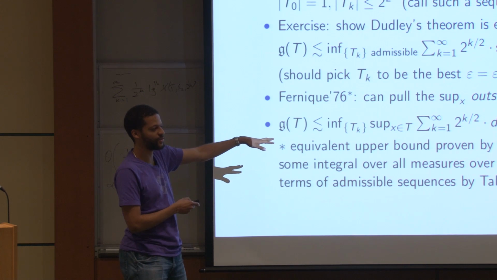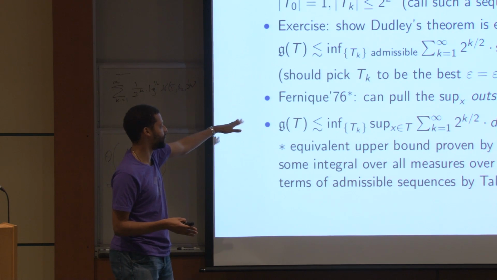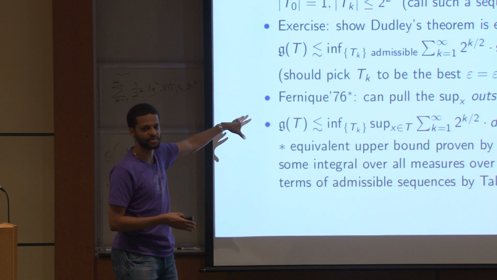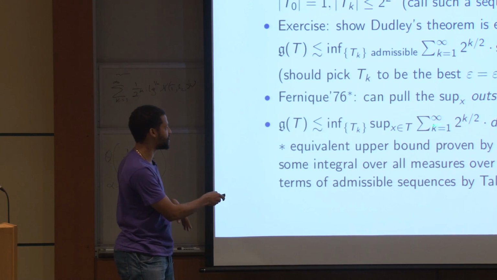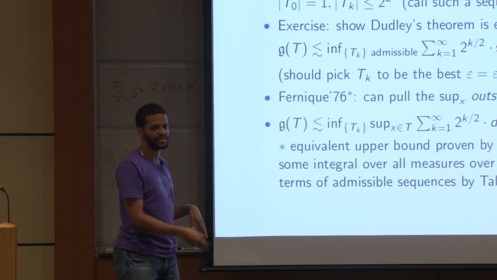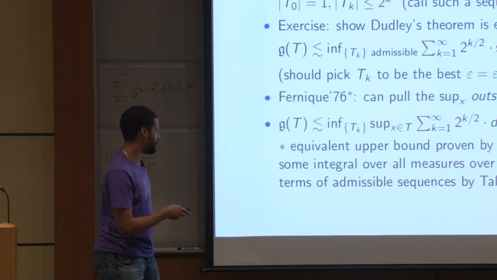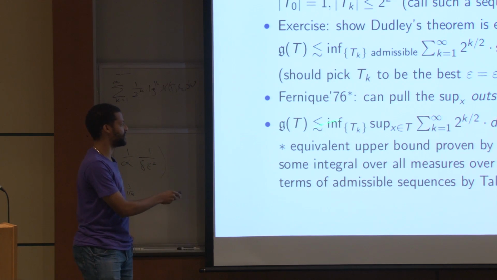He was trying to minimize over some measures, okay? But Talagrand rewrote Fernique's argument in this way and defined it this way. And Talagrand called this expression here, this inf over sequences satisfying this of this soup, gamma 2 of t. Okay? So I'm going to show you that the g of t is at most gamma 2 of t.